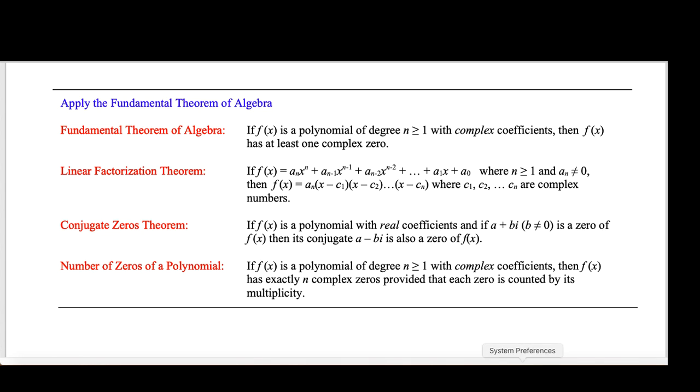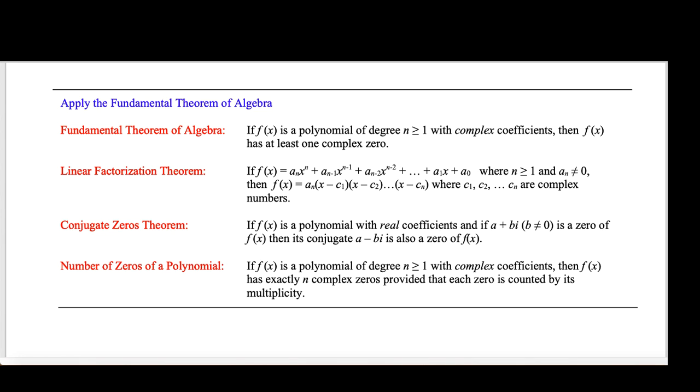My third theorem here is called the conjugate zeros theorem. This theorem states that if f of x is a polynomial with real coefficients, and if a plus bi is a zero of the function, then its conjugate a minus bi is also a zero.